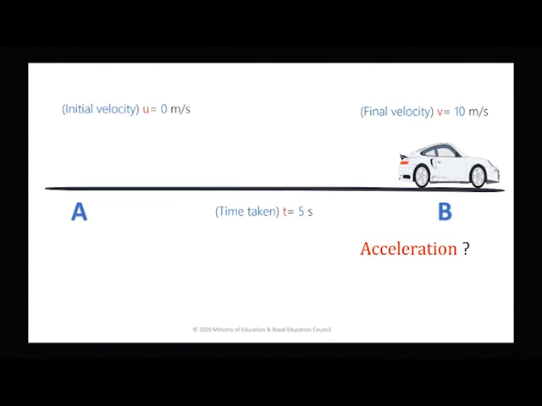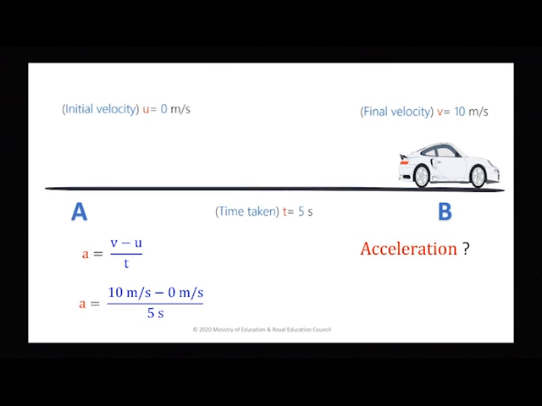So we know that the formula for acceleration is change in velocity by time taken, and in this example we have u as 0 meter per second, v is 10 meter per second, and t is 5 seconds.